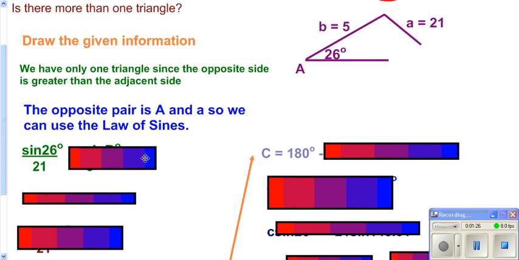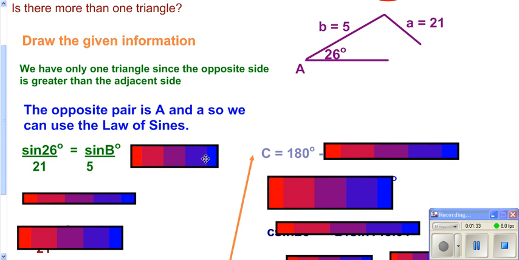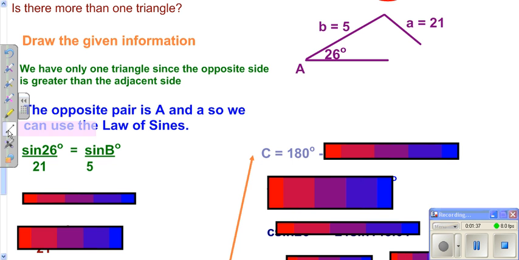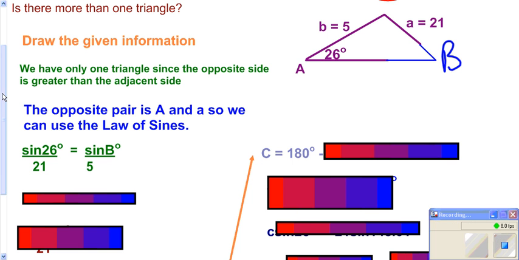Sine of our angle over the side of A, which is 21, equals, and in this case, we need to go ahead and find B. If we finish drawing in our triangle here, B would be in the lower right corner over here. That's what we're trying to find. We would not be able to find angle C or side C at this point because there'd be too many things that we would not know.